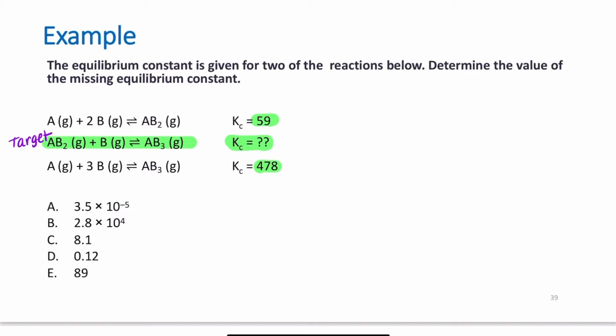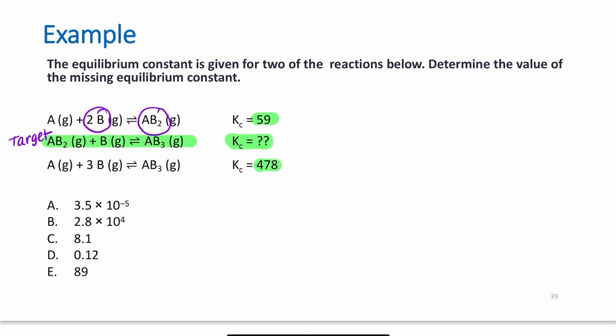So comparing them, what I see is that in this first reaction, A is not in my target reaction at all, but B is. AB2 is my target reaction's species, though AB2 is actually on the reactant side. So I'm going to flip this reaction around.